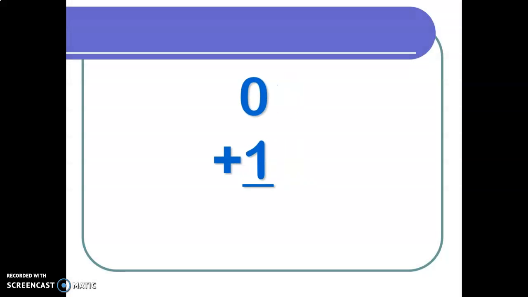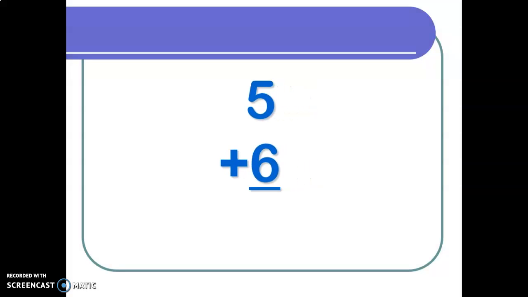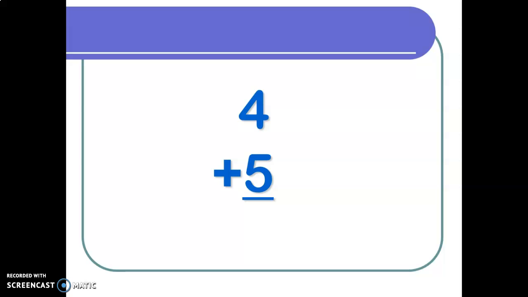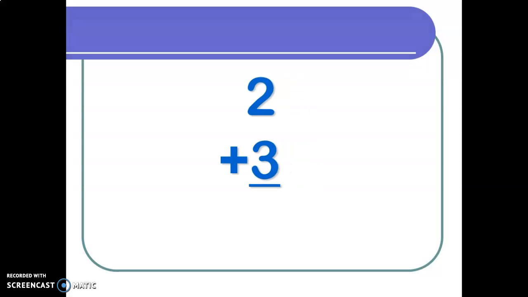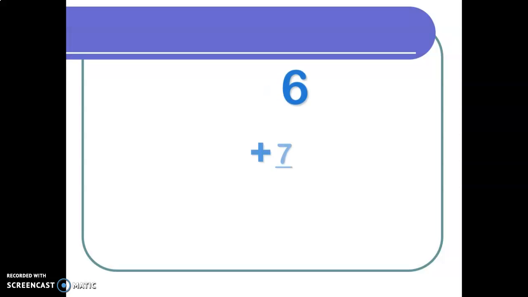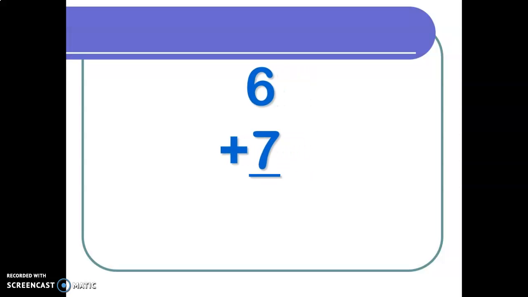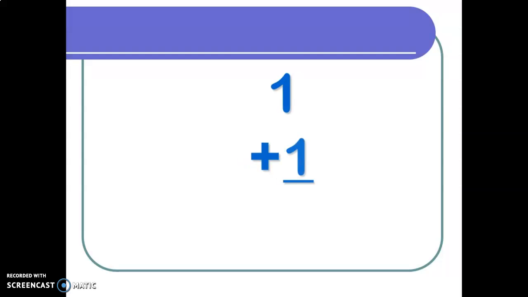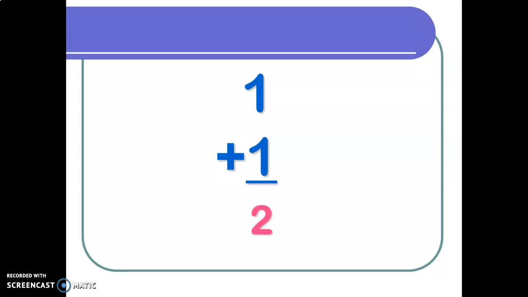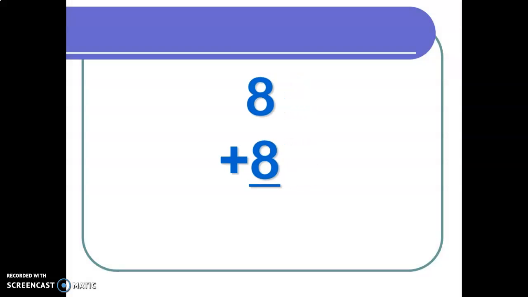Next one, 0 plus 1, the answer is 1. You have 5 plus 6, the answer is 11. 4 plus 5 equals 9. 2 plus 3, the answer is 5. 6 plus 7 equals 13. 6 plus 6, the answer is 12. 1 plus 1 equals 2. And 8 plus 8 equals 16.